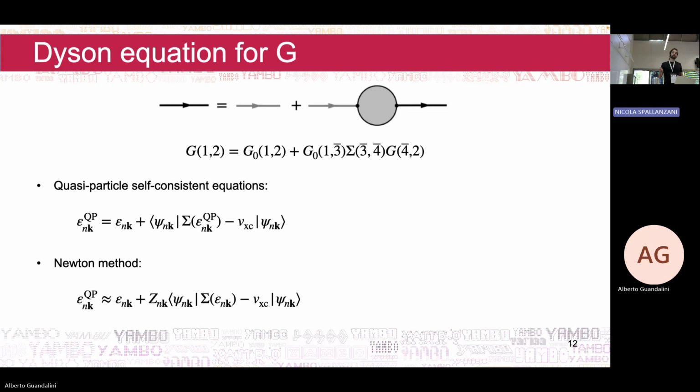With the hypothesis that the DFT energies, that is this one, and quasi-particle energies are not too different one from the other, we can Taylor expand the self-energy around the DFT energy. This is the so-called Newton method, and this will be the expression where we write the quasi-particle band structure as the density functional theory band structure plus a quasi-particle correction.